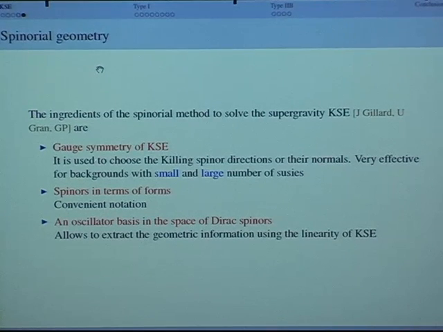This procedure is quite effective for a very small or very large number of supersymmetries. Another piece of convenient notation is to write spinors as forms, which goes back to Cartan. And eventually one can use an oscillator basis in the space of spinors and the linearity of the Killing spinor equations to extract the geometric information.